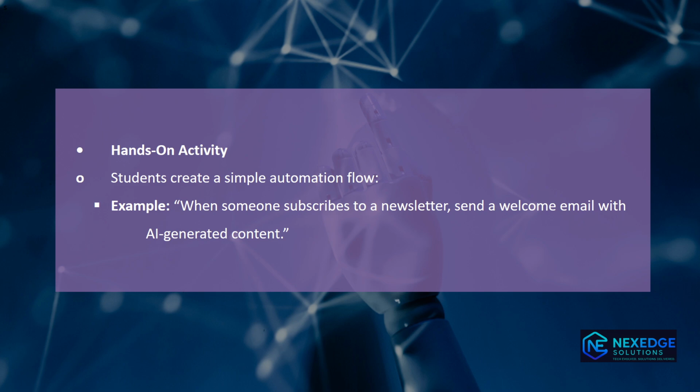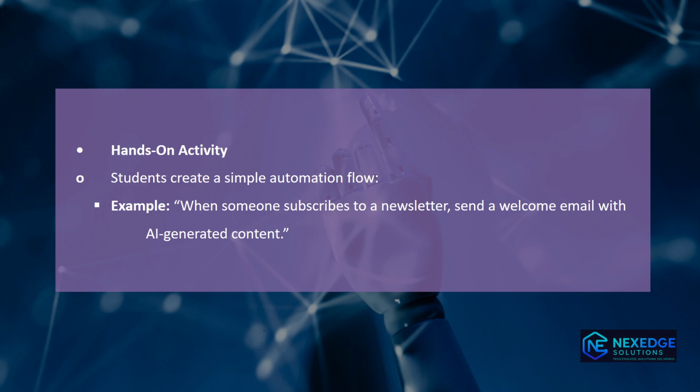So let's now take a look at a hands-on activity that you can do on your own. Create a simple automation flow. Example, when someone subscribes to a newsletter, send a welcome message, like a welcome email with AI-generated content.